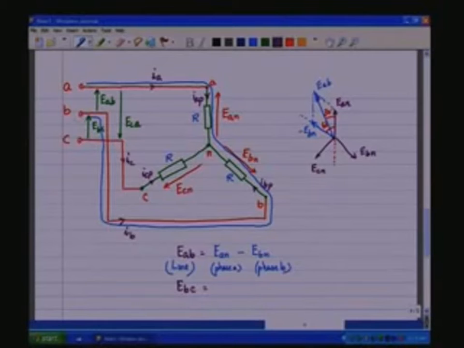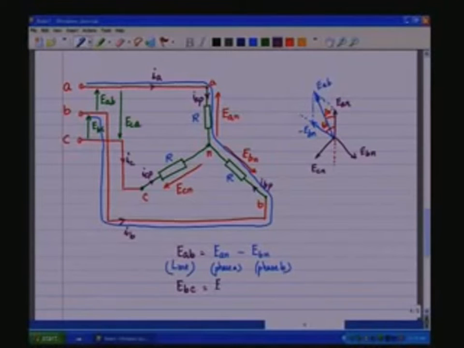So, for EBC we are considering this loop, the one shown by the cursor. So, what do you see? You see EBN minus ECN will be EBC.